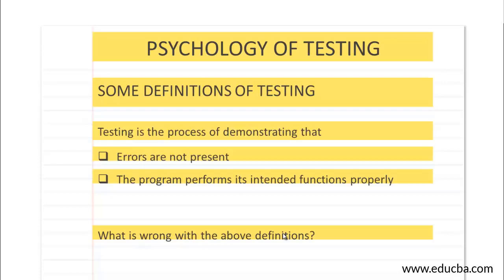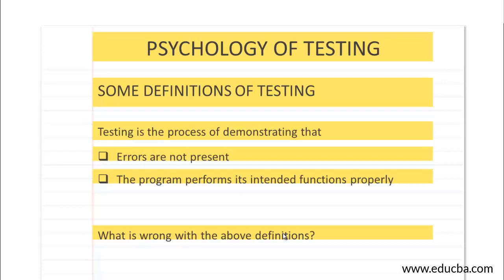Another problem with proving that the system is doing what it is expected to do is that this still does not guarantee that the system does not do what it is not supposed to do. For example, consider a billing program that gives a discount to the customer if the bill exceeds $100.